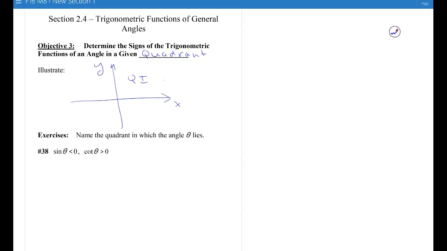So all of the trig functions have positive values because you're still with acute angles. So it's like the previous sections. But then in quadrant 2, we see x values are negative. So in quadrant 2, any of the ratios that have the x coordinate in them will be negative.